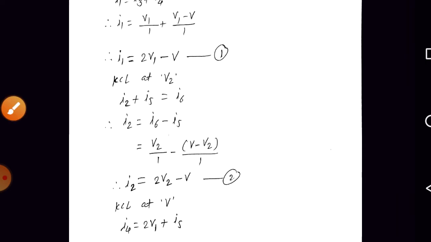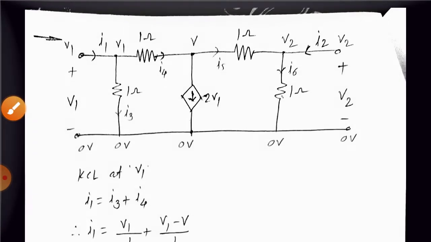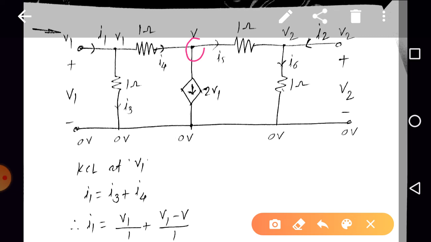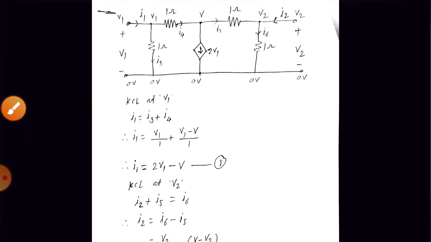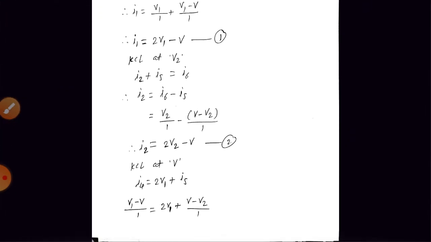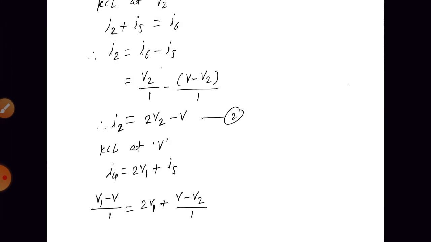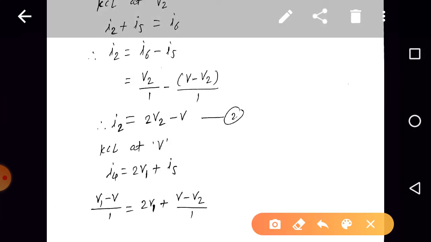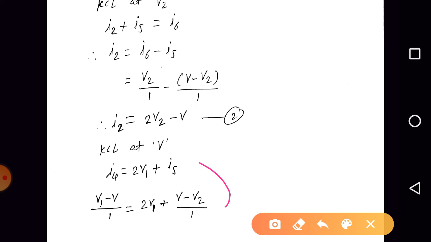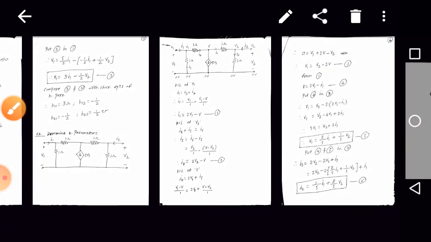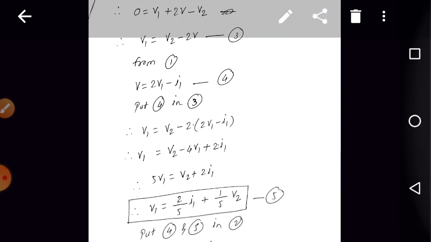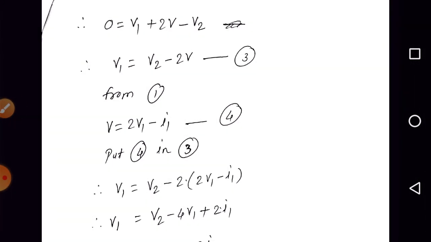Next, can we apply KCL at the center node, that is V? Yes, I4 is equal to 2V1 plus I5. Replace I4 and I5 in terms of voltages with the help of Ohm's law, and further simplifying we can write V1 is equal to V2 minus 2V.